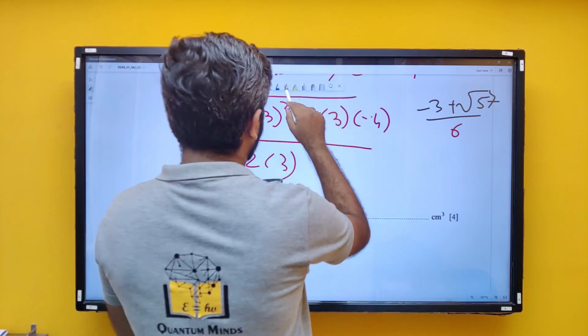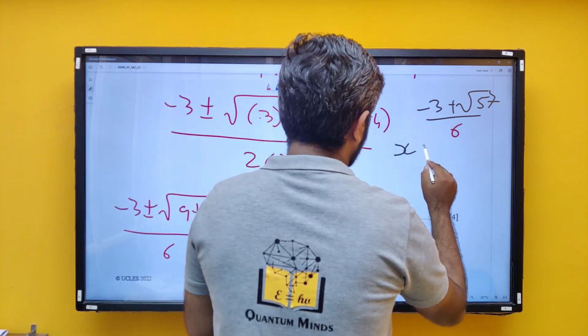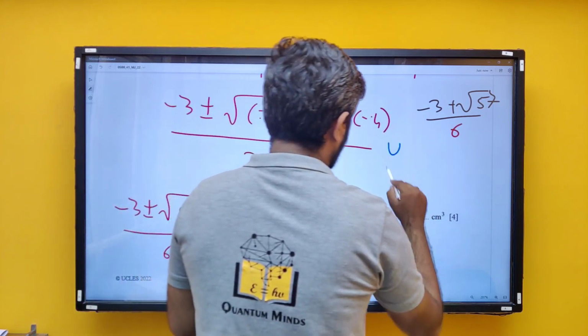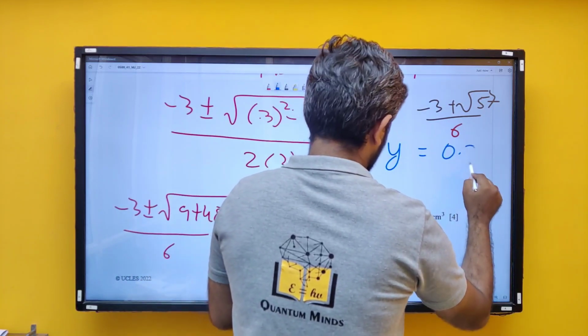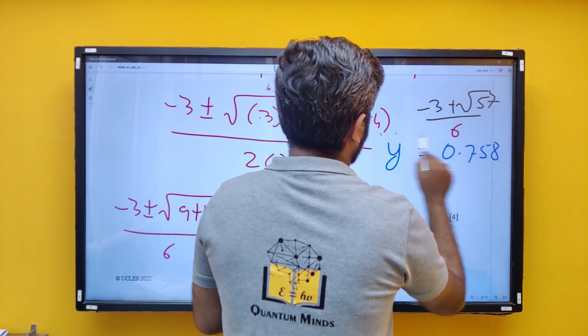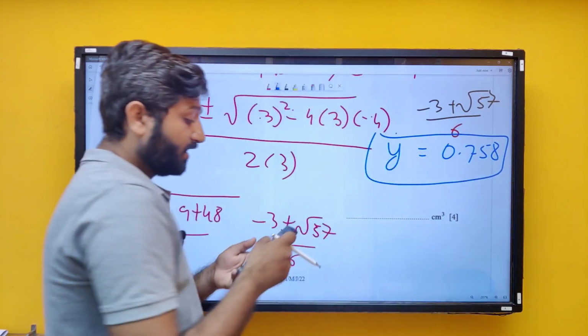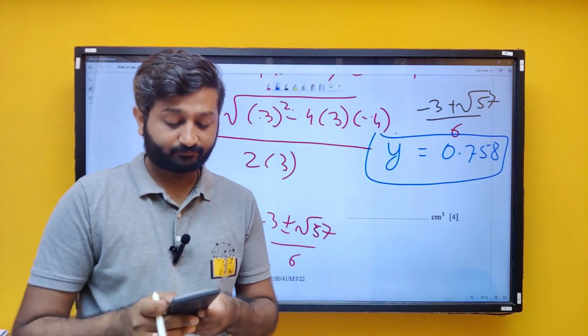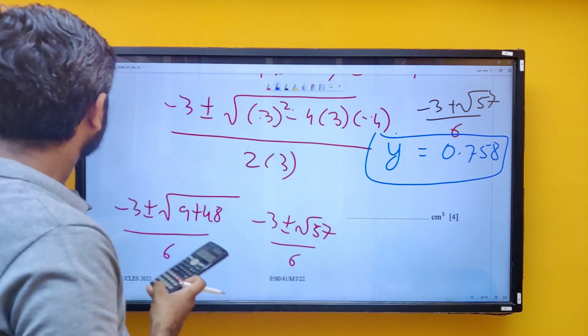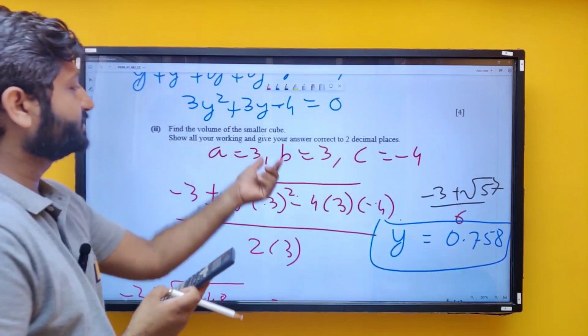So the side, it was not x, it was y. The side y is 0.758 centimeter. Guys, if you are using a 95 ES Plus calculator, always check your answers in your calculator.